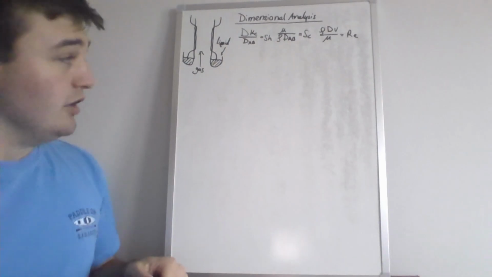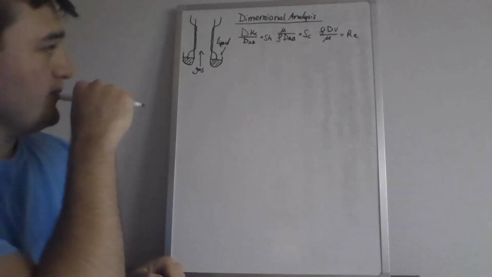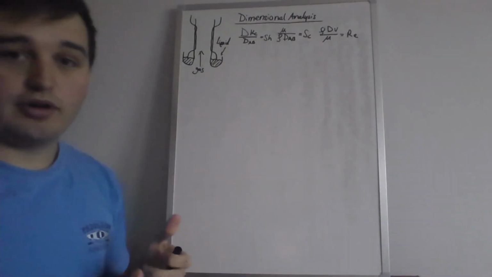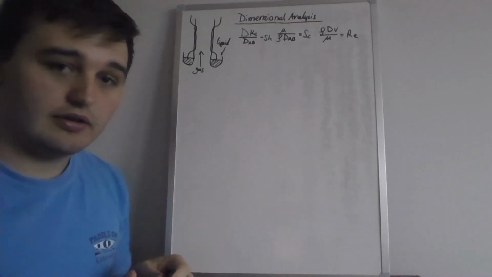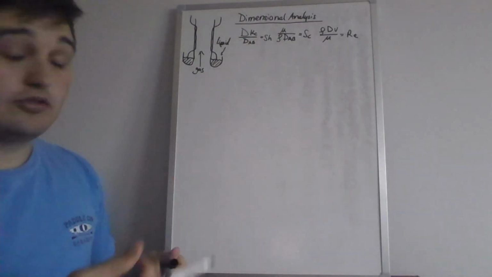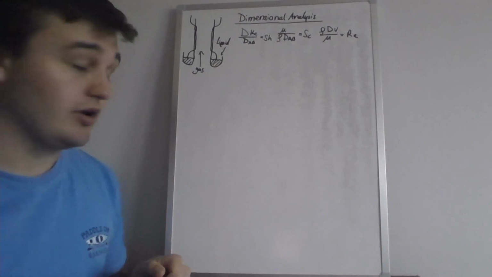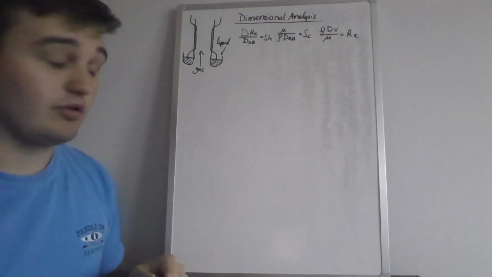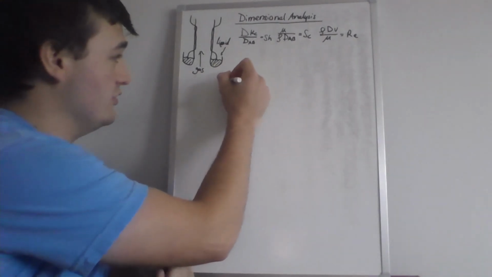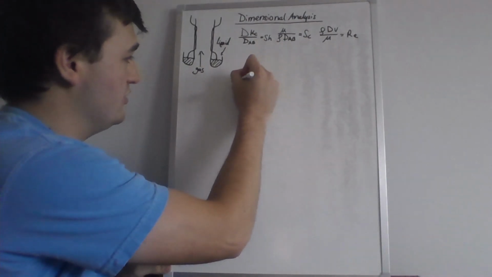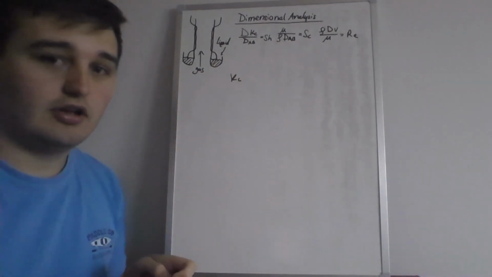So we have gas flowing up the tube and liquid running down the walls. At some point, the liquid is going to go into the gas and flow up. So we have some kind of mass transfer. We know that this is going to involve Kc, or the mass transfer coefficient.